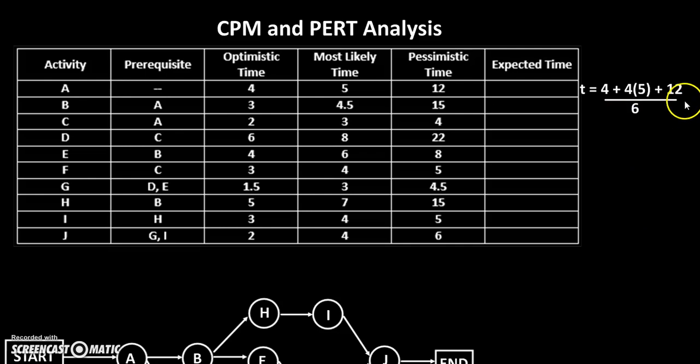Okay, and so when we fill that in, we're going to get that T is equal to 6. So we have our expected time of 6, so we can go ahead and add that into that column.